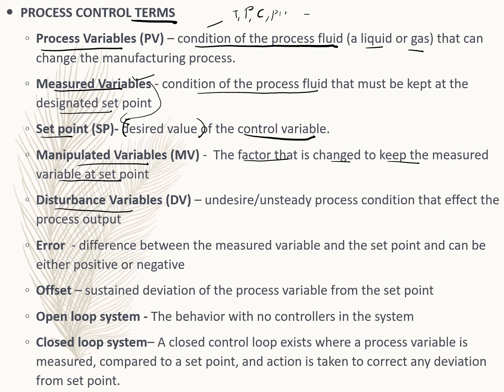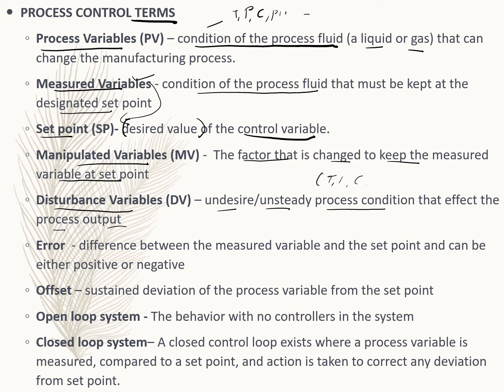Next we have disturbance variable. Basically disturbance variable is an undesired, unsteady process condition that affects the process output. For example, process conditions like temperature, pressure, and composition, and many more. Sometimes the temperature fluctuates, right? Due to a rainy day or a sunny day. Sometimes this process condition will affect the process output.